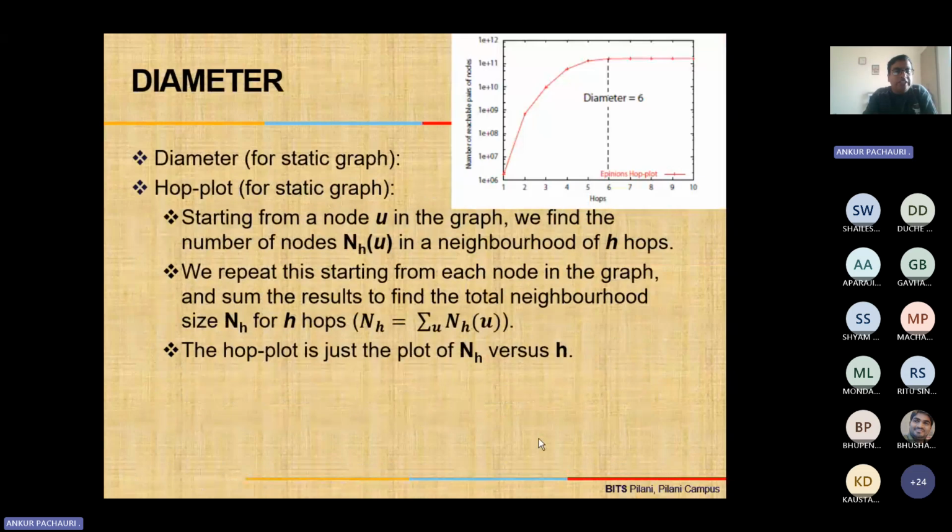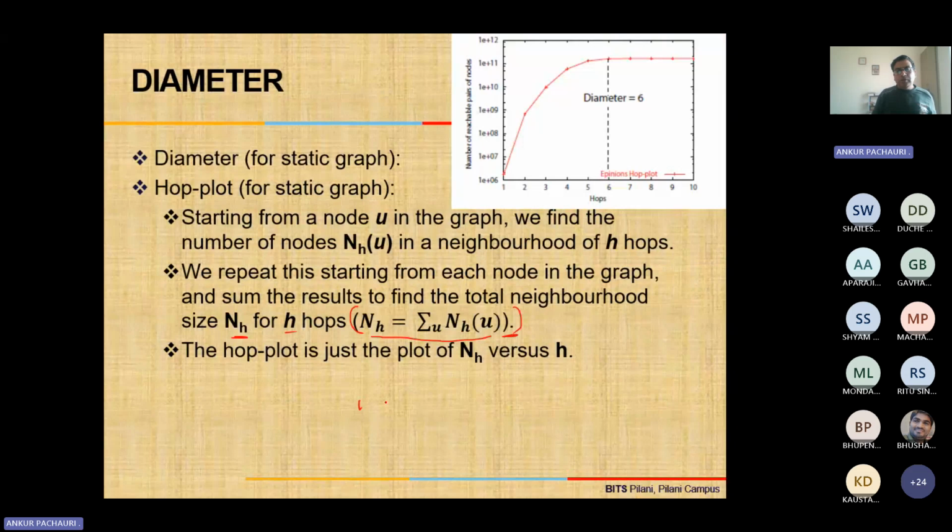I think now everything is explained, so these slides I'm going to skip. I have already talked about hops and the neighborhood N(u). N is the summation of all those u's, where the neighbor belongs to u, meaning I'm talking about the neighborhood search, all the neighbors of the node u. How have these hops been calculated?